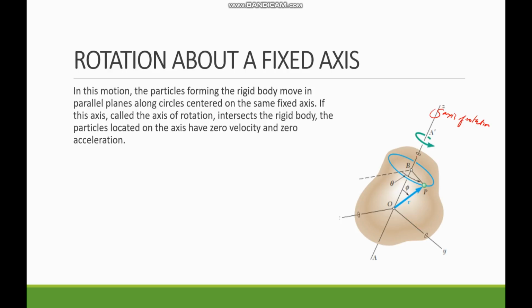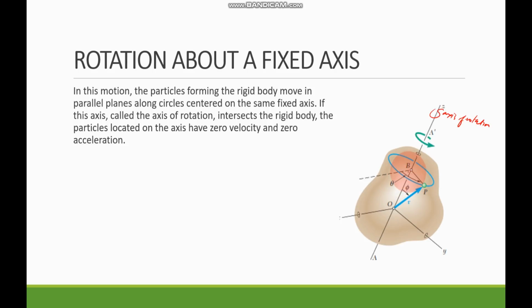For any particle that is not positioned on the axis of rotation, like for example here our particle P, a line connecting from the origin to the position of our particle is the position vector r, and it creates an angle between the axis of rotation and our position vector r that we can denote as phi.